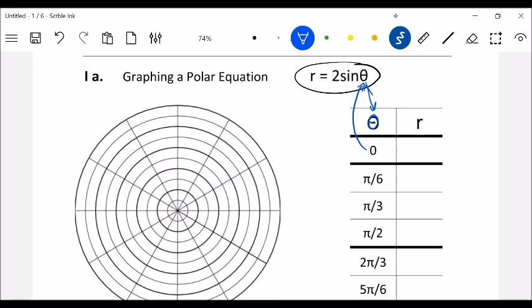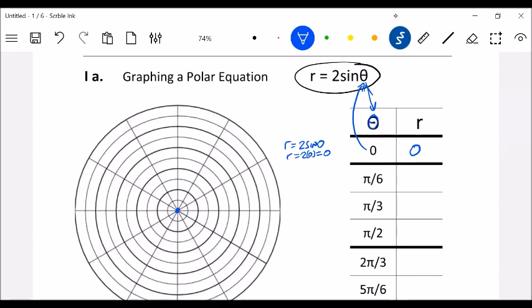So for this first one, r equals 2 sine of the angle 0. Well, at the angle 0, or 360, sine is 0, which means the radius is 0. And that means we're putting a point right there, right in the center.